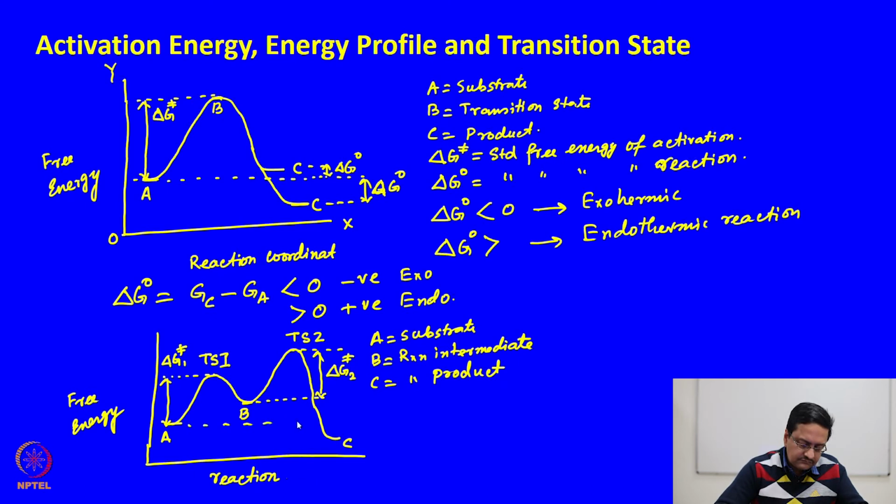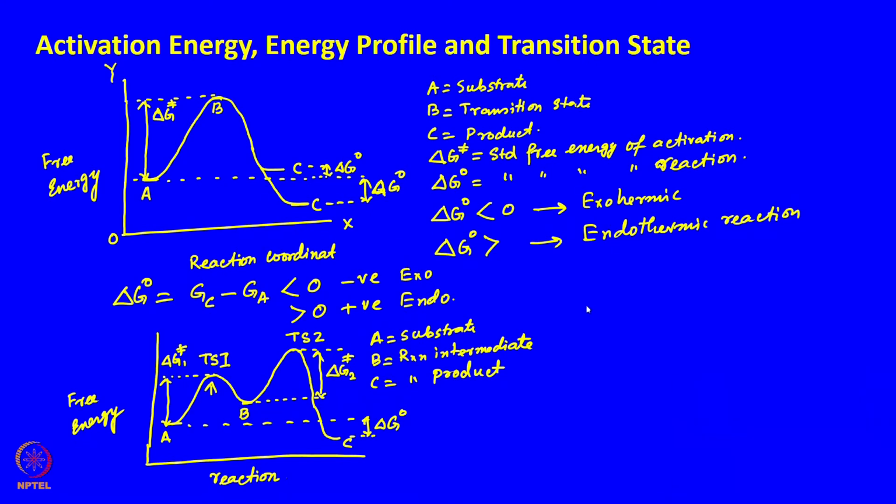The delta G 0 of the reaction is determined as usual by the difference in free energy of the reactant and the product. This is one condition where the first barrier is smaller compared to the second barrier, which essentially means that the reaction intermediate is a very stable reaction intermediate. The other condition that one can think of is where the reaction intermediate is unstable, and the scenario will be slightly different.